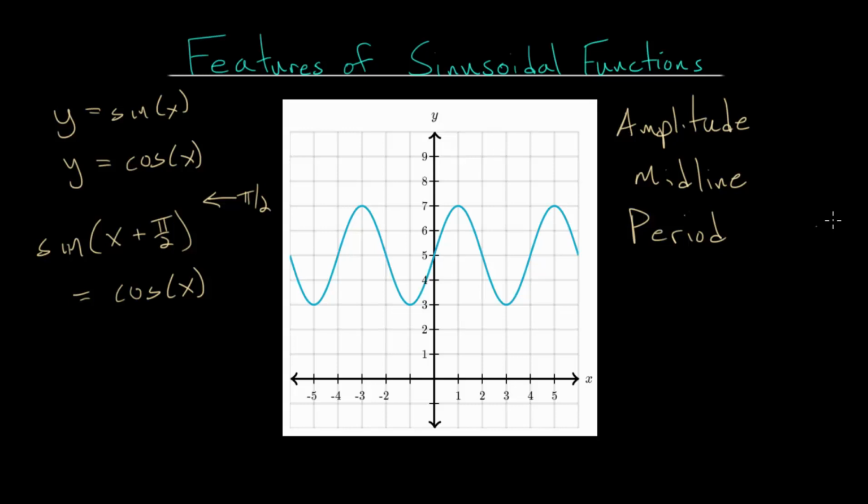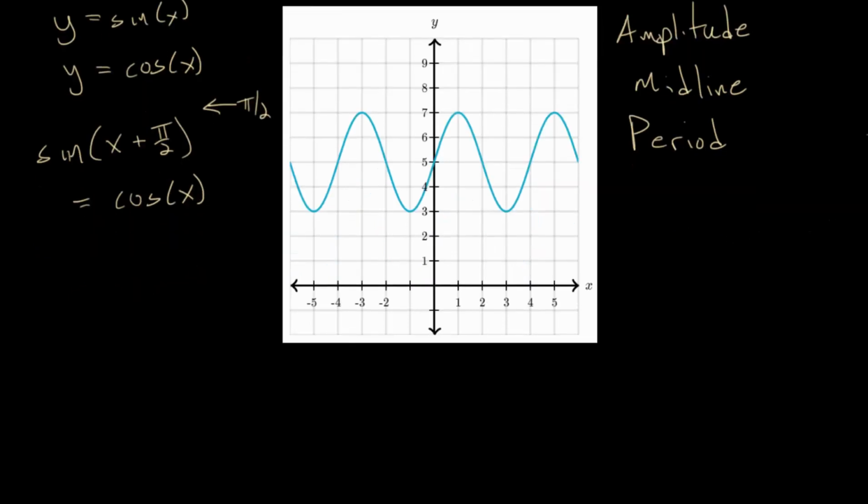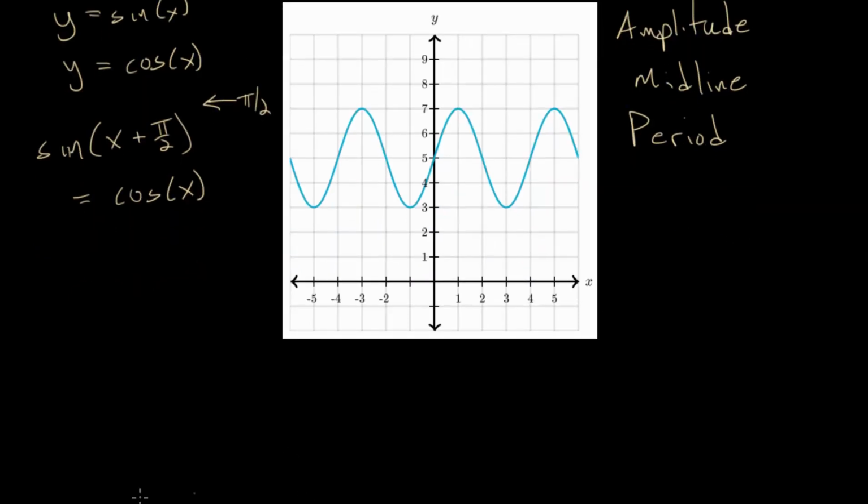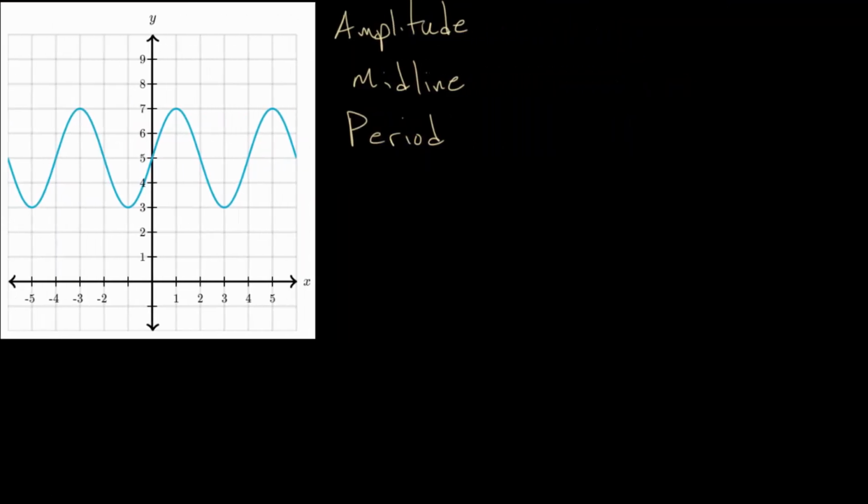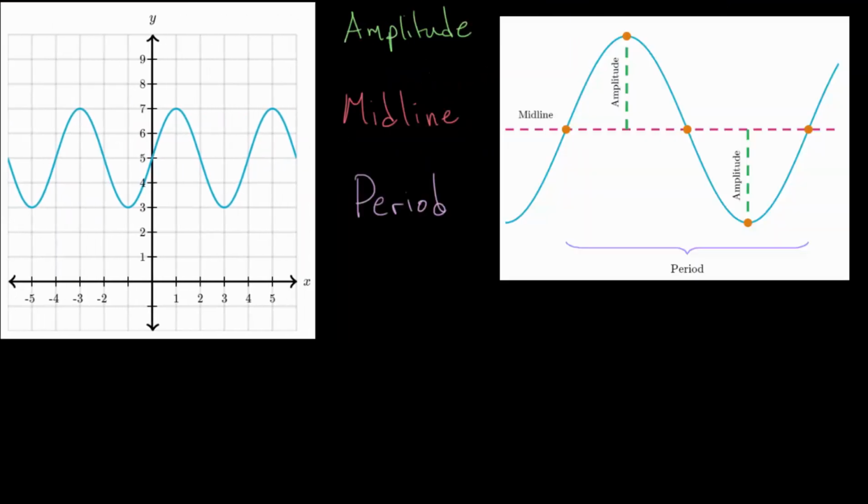So let me make a little bit of room and we can paste in a picture that defines all three of these features. With this picture, we can see all three features defined here, where the midline is the horizontal line that exactly splits the function in half.